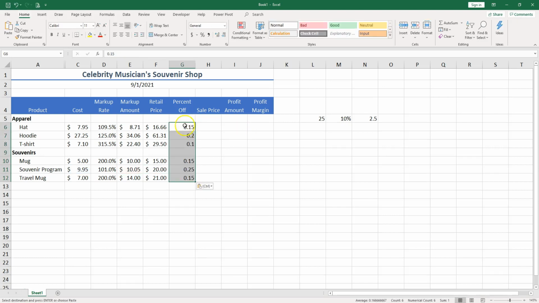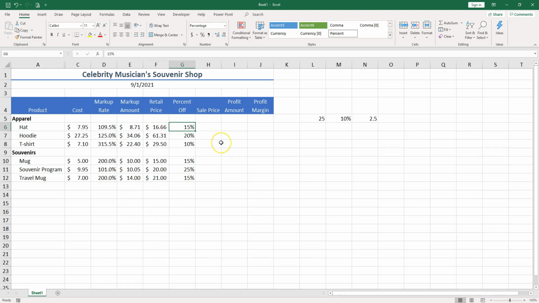I type now some percentages over here. I need to format them, so I'm going to hit the percent style. And we need to calculate the sale price. So what's the sale price? If you have a retail price, you have to take off 15%. Okay. So we can again try this formula with some simple numbers.